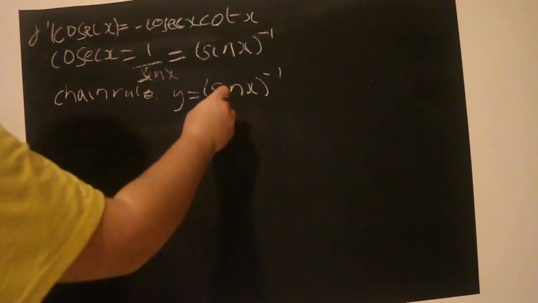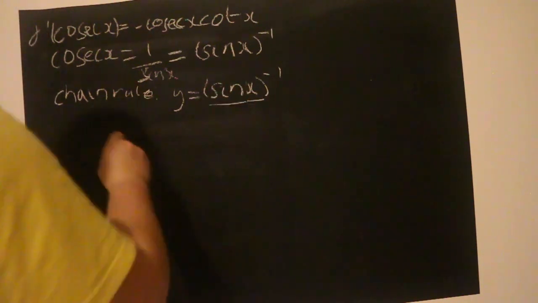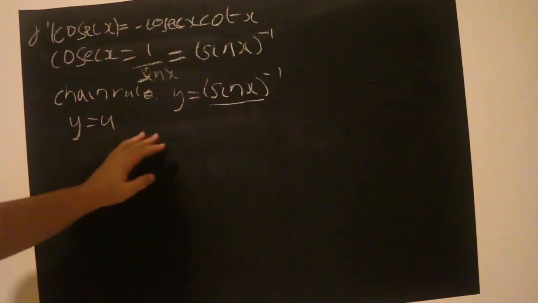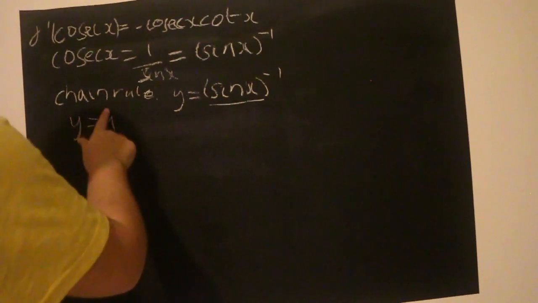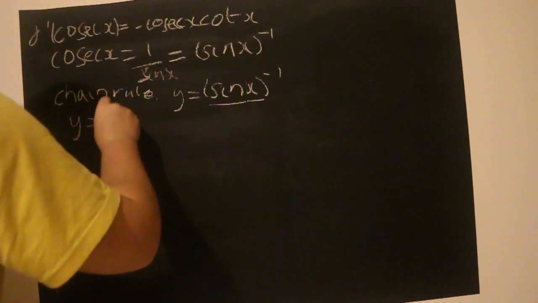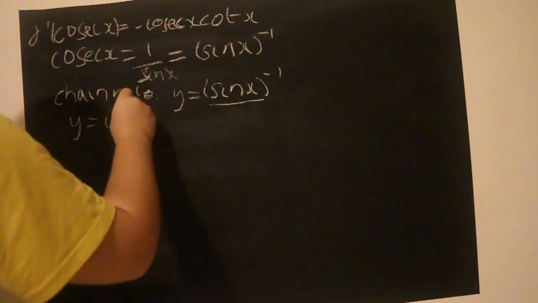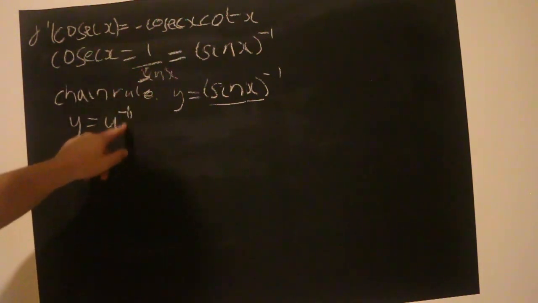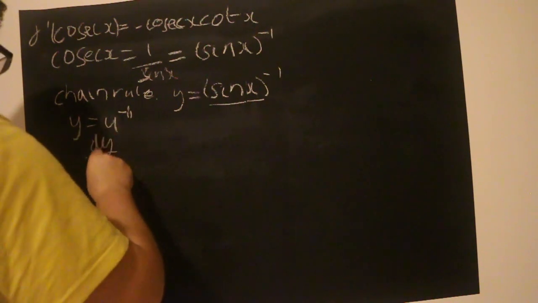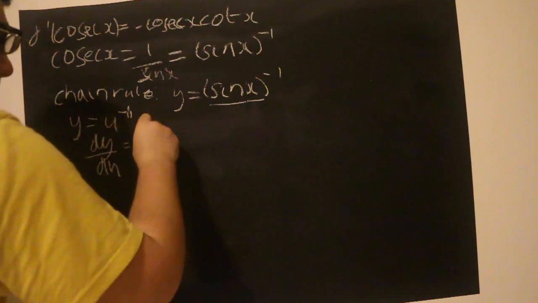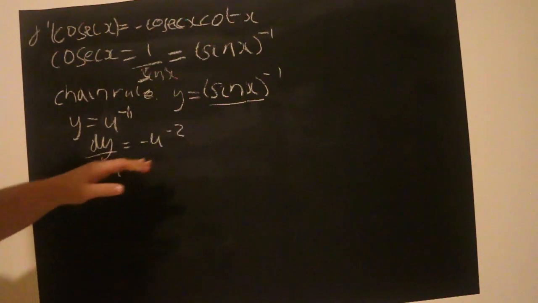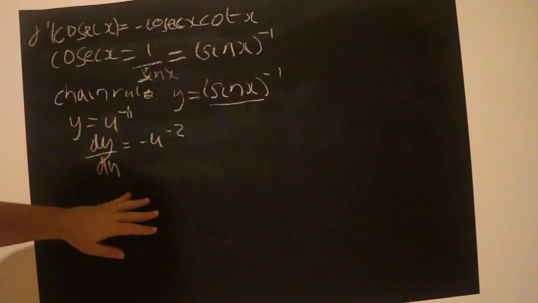So we're going to label sine x as u. So sine x is u, so y is equal to u to the power minus 1. If we do dy by du, then we get minus u to the power minus 2. So that's one part of the differentiation done.